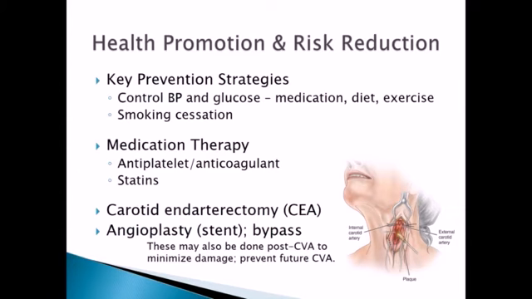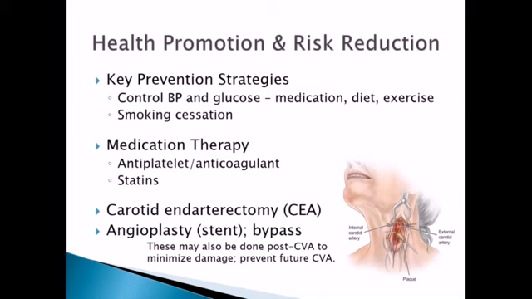Some of our newer stents are treated with special substances to try to keep them from reblocking with your lipids and things like that. They could also potentially do a carotid bypass.